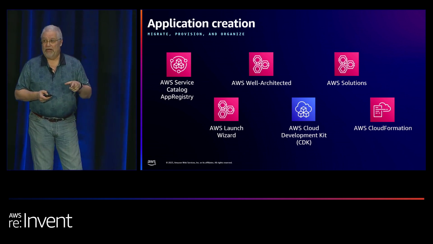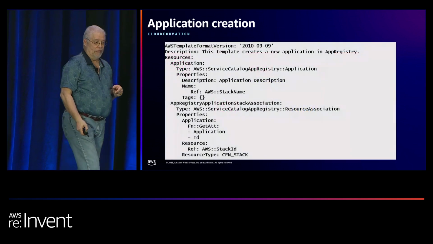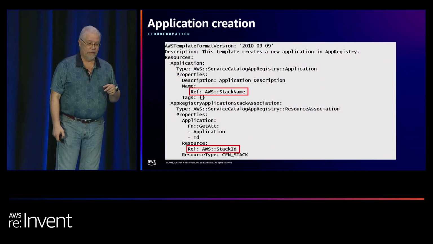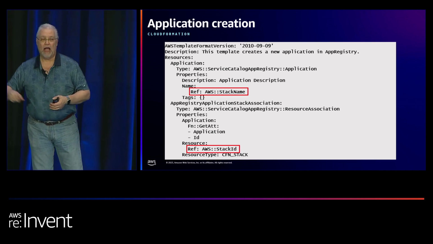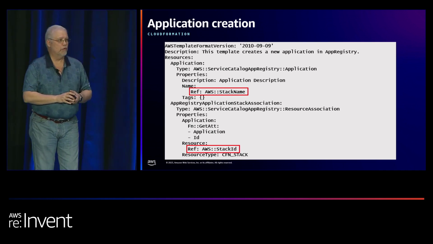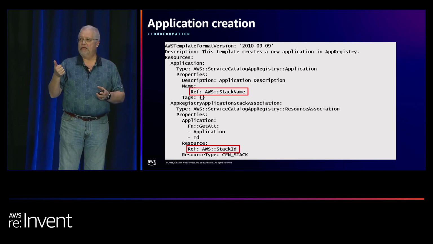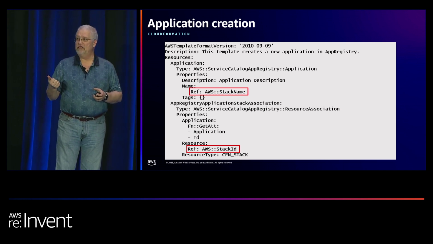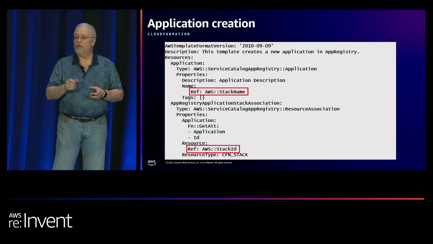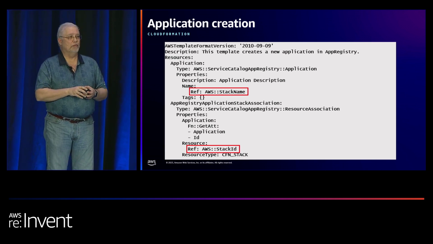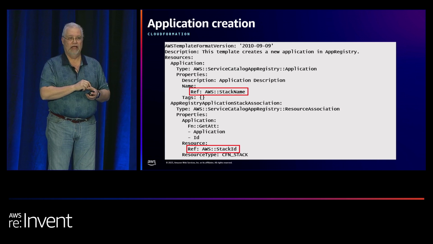If we take CloudFormation, just quickly look at what it is. I wanted to show this. If you add this snippet that's up here right now to your template, it will create the application for you in App Registry. The first red square just shows that whatever name you give the stack when it's being deployed will be the name of the application in App Registry.